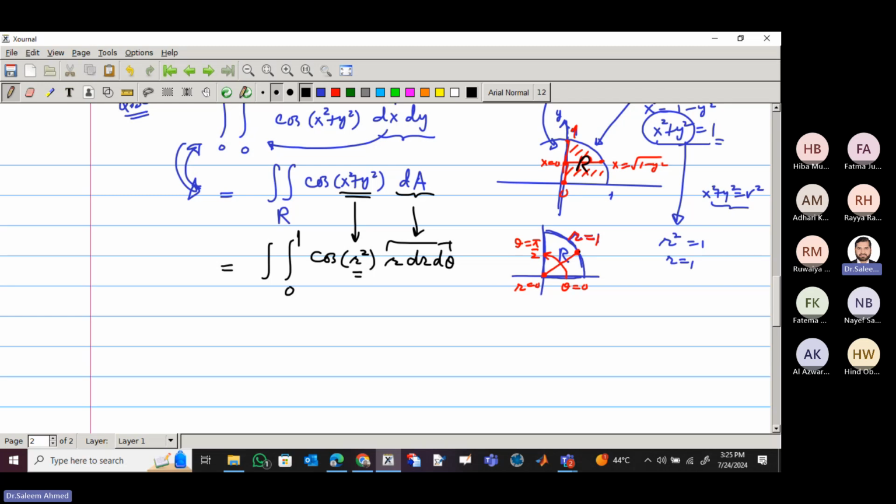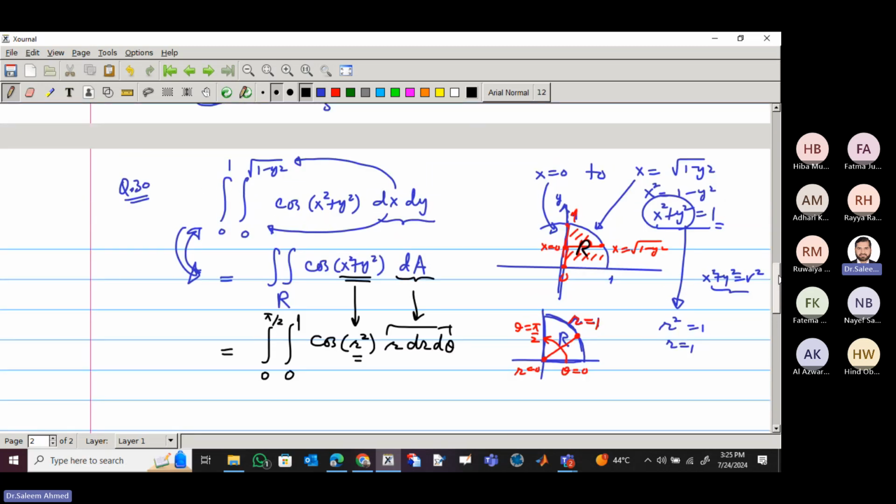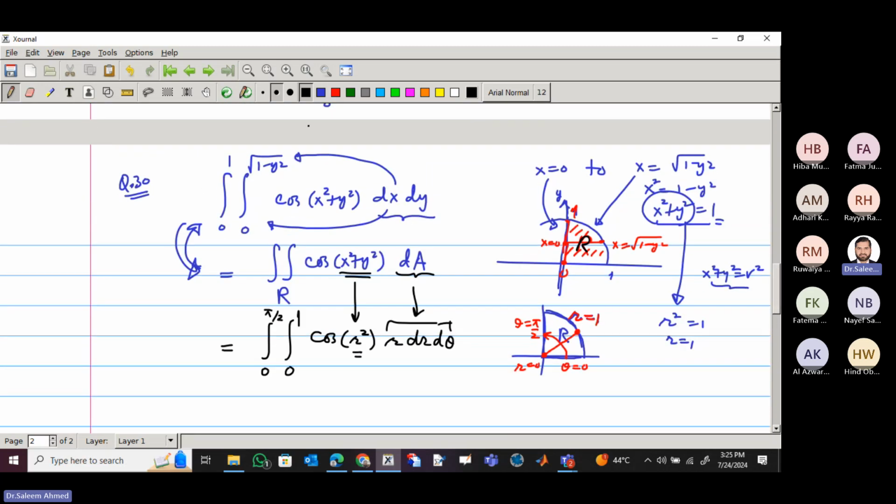I know that from the picture now, and theta goes from 0 to pi by 2. So these two are the same integrals. If you solve this one or this one, they will give you exactly the same answer because it is the same integration in xy coordinates and the same integration in polar coordinates. Both will give you the same answer.